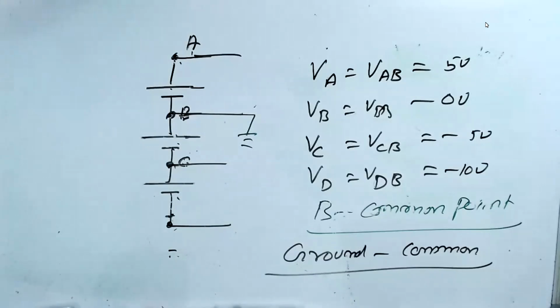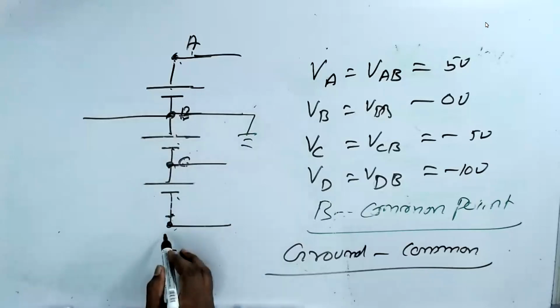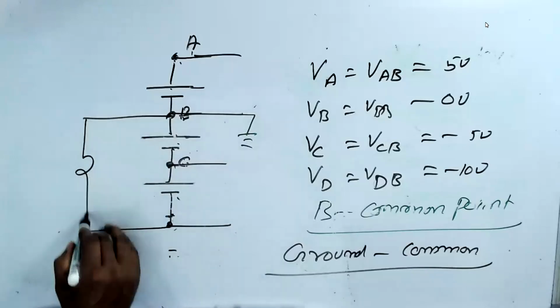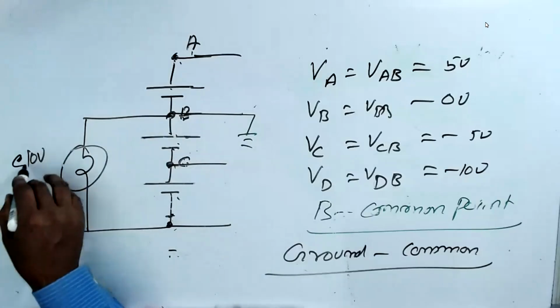VD, if your bulb is connected between point B and point D, if you connect a 10 volt bulb, then this guy will glow.